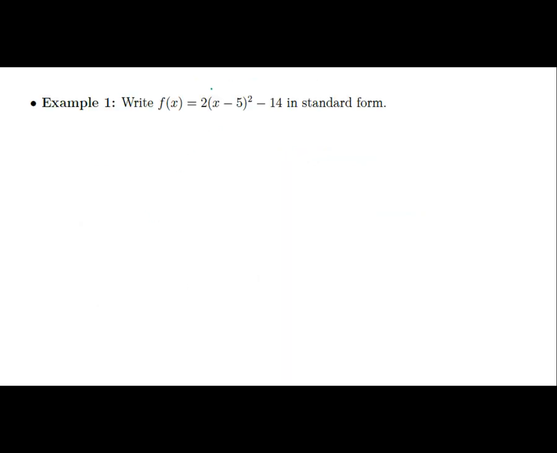All right, so first of all, what we have here is a function in vertex form. So suppose they want it written in standard form. Okay, and remember, standard form means we're saying we want f of x to look like ax squared plus bx plus c.